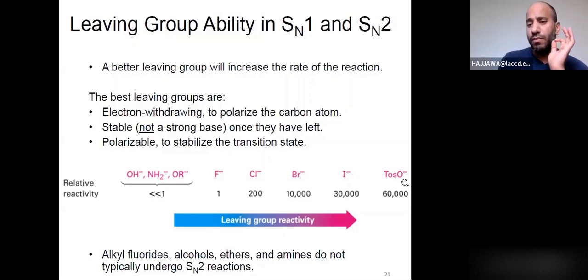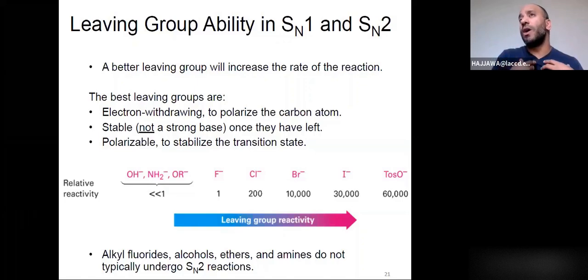Look at this, tosylate. Tosylate is basically a leaving group that comes from OH. OH is a very weak leaving group. It's a very bad leaving group actually. Looking at that OH as an anion, it's an OH minus, it's a strong base. So that's why it's a very bad leaving group.